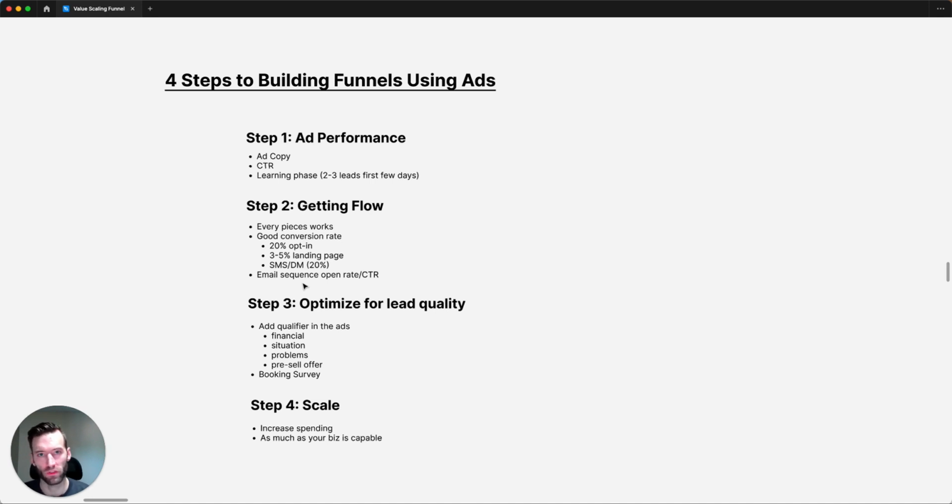The second one, of course, has maybe more moving pieces depending on your funnel, and you need to optimize the whole sequence. And once you get that, then you just want to filter out and only get the people that are going to spend money with you. And then once you get that, it's the cool part. You get to scale your business and really go to the moon.